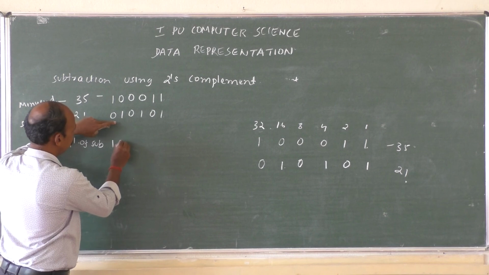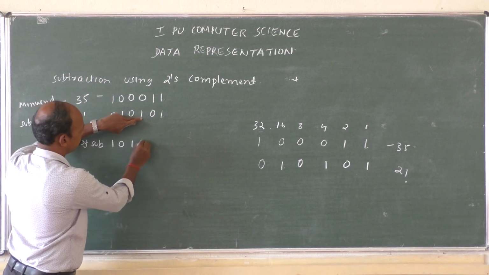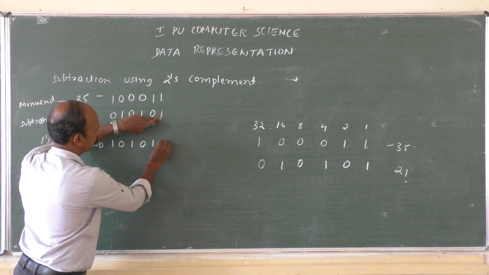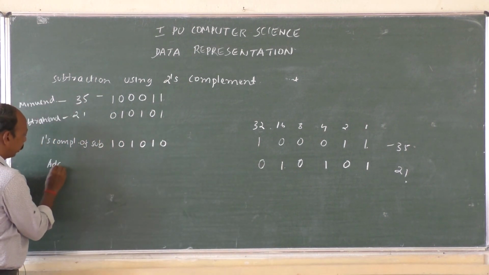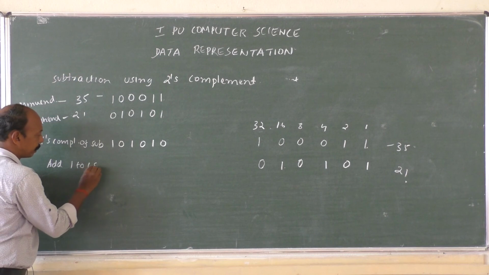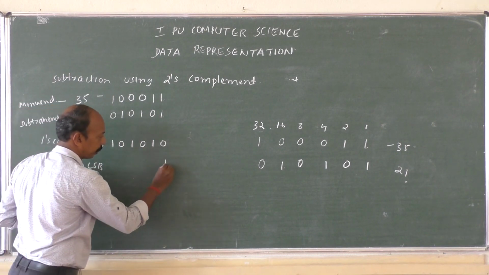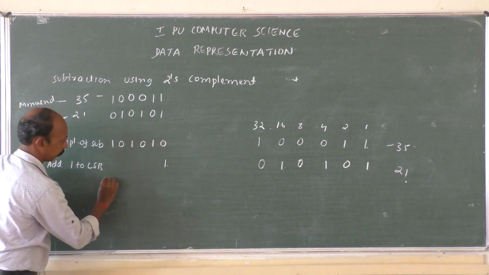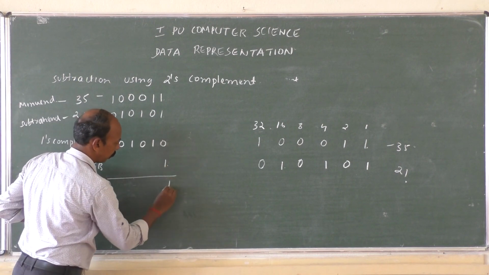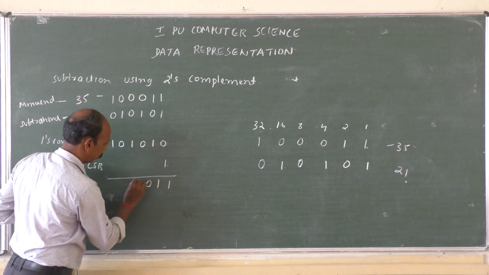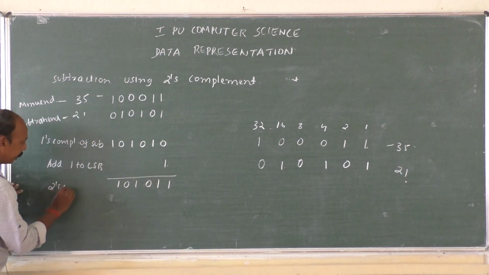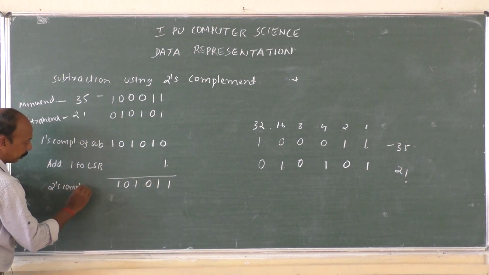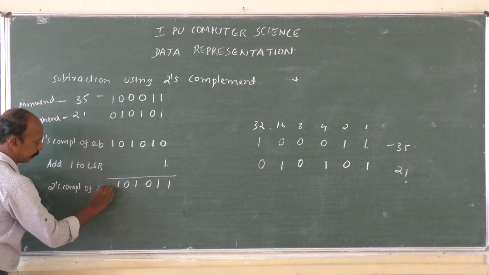That is 1, 0, 1, 0, 1, 0. Add 1 to LSB. Add it. 0, 1, 1, 0, 1, 1. So this is 2's complement of subtrahend.